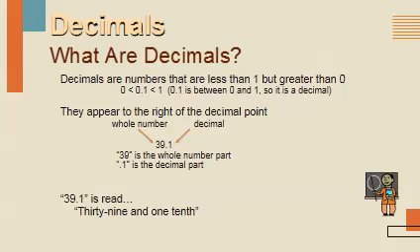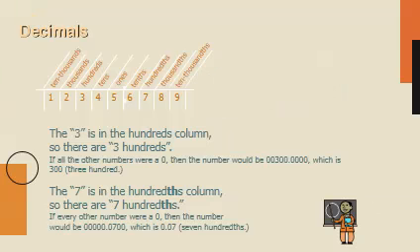You have two ways to spell this number. You can say 39.1, or you can say 39 and 1 tenth. We're going to talk about this, and we are going to explain how I can write this number in word form. So let us start.